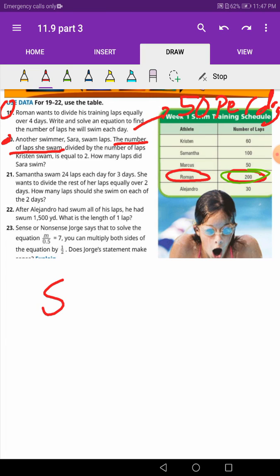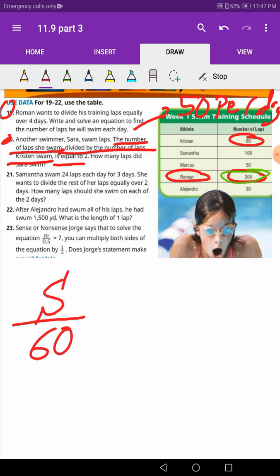It's S. Divided by the number of laps Kristen swam, which means 60. They told me S divided by 60 is equal to 2. So equals 2. How many laps did Sarah swim? So I need to find S.